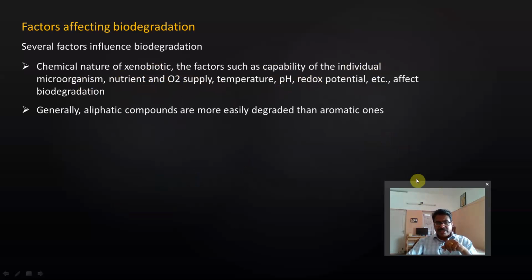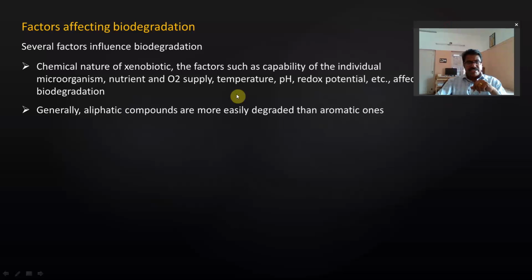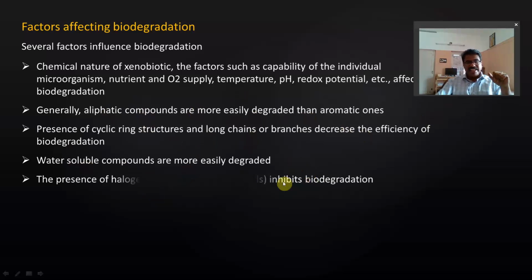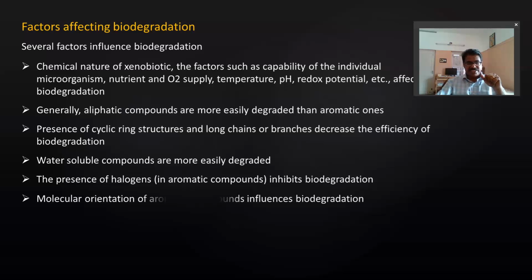And usually, when we see the chemical features, generally aliphatic compounds are more easily degraded than aromatic ones. The presence of cyclic ring structures then decreases the efficiency of biodegradation. Water-soluble compounds may be more easily degraded, and the presence of halogens in aromatic compounds inhibits degradation. So the chemical structure of the pollutants is the main factor that affects biodegradation.